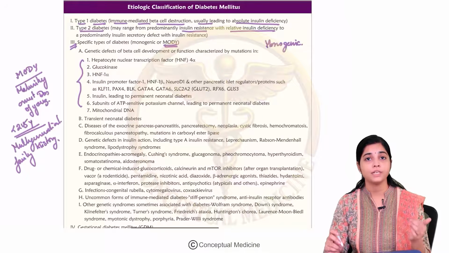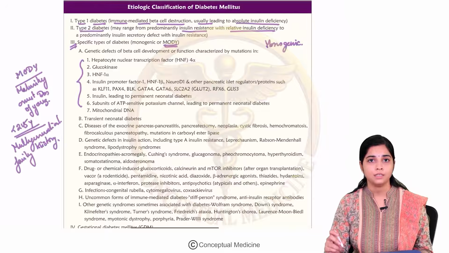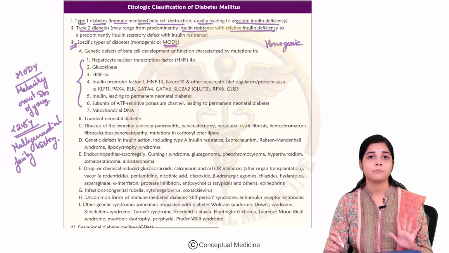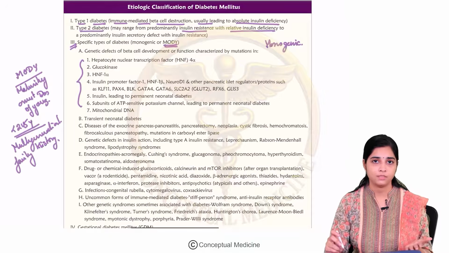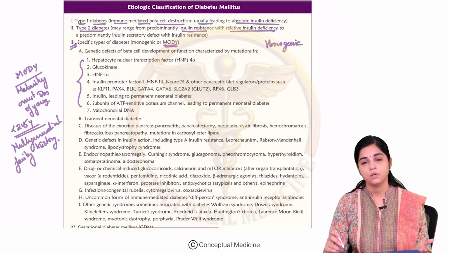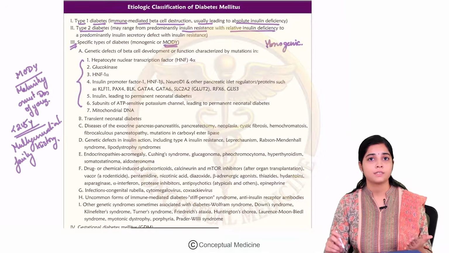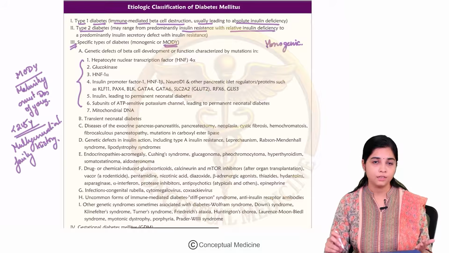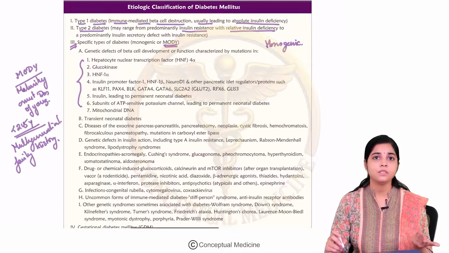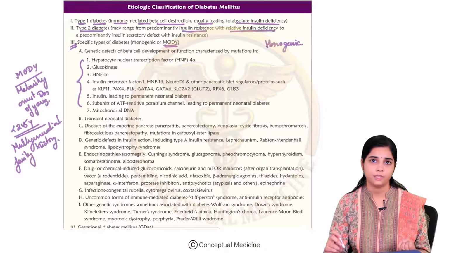Even MODY can occur at a young age, and the basic difference between type 1 and type 2 is the pathogenesis. It is not about the age. Many times now, with a lot of lifestyle issues, type 2 diabetes is also seen in individuals less than 30 years of age.